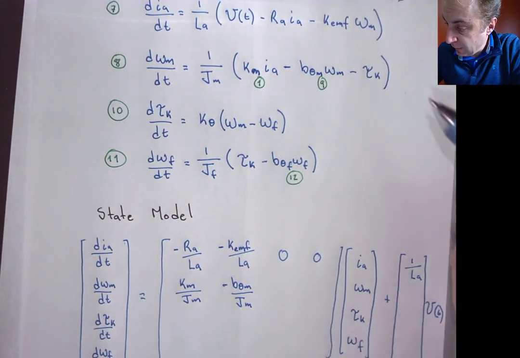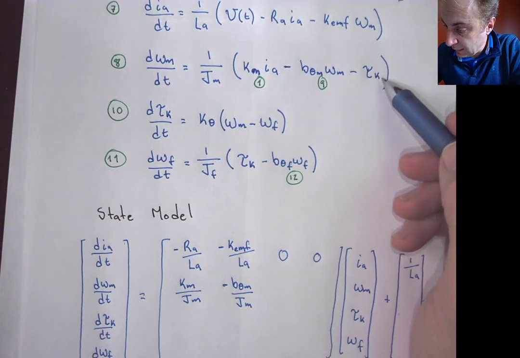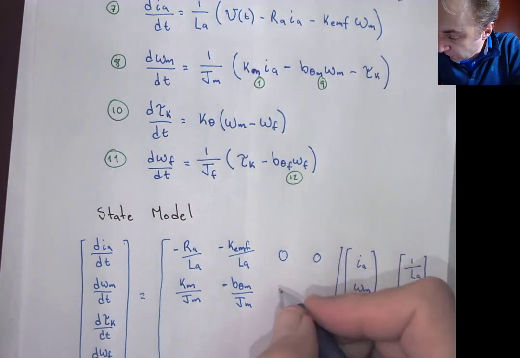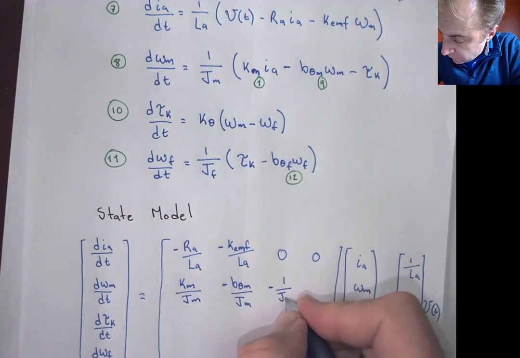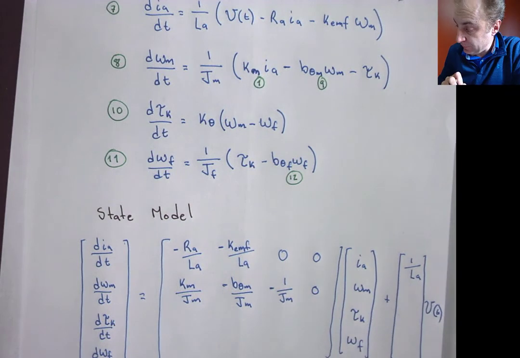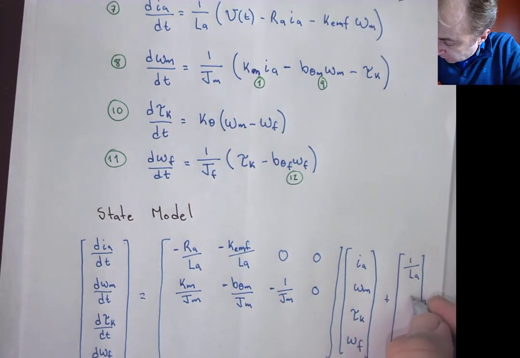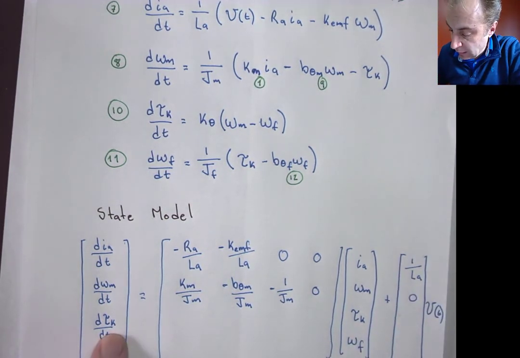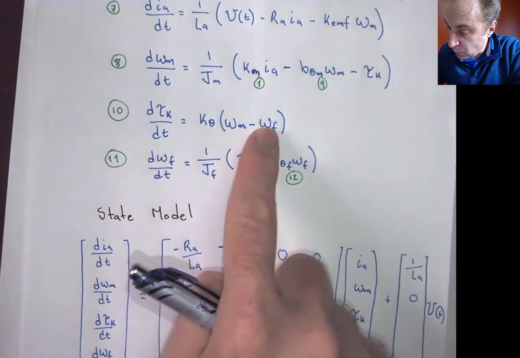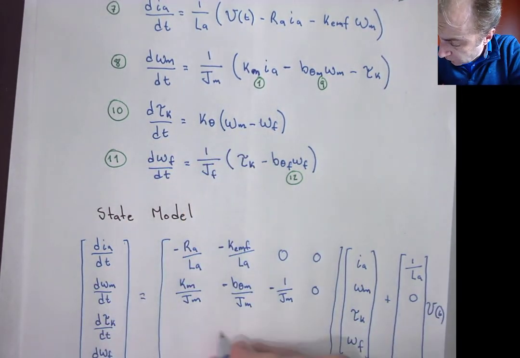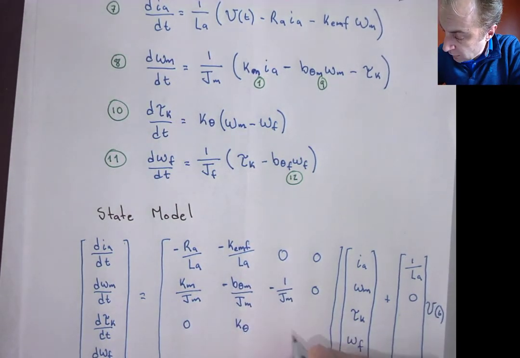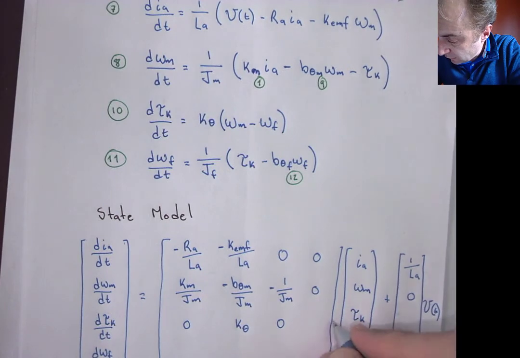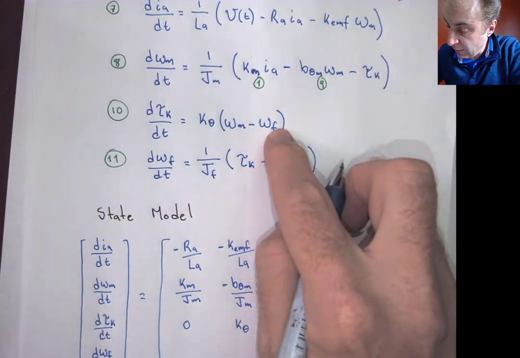And then we have the torque at the flexible shaft, which is minus 1 over J_m, and then that would be 0, and that one is also 0. And then for the next one, we have K_θ times ω_m, so that's K_θ here, and then 0 and minus K_θ that multiplies ω_f.